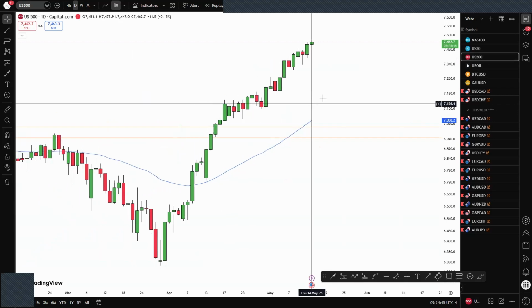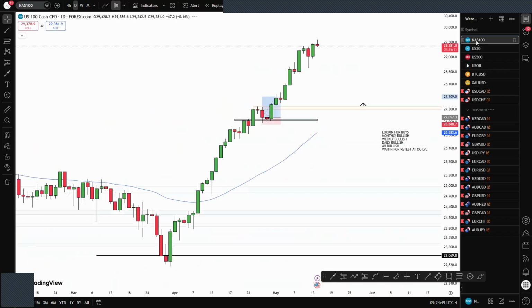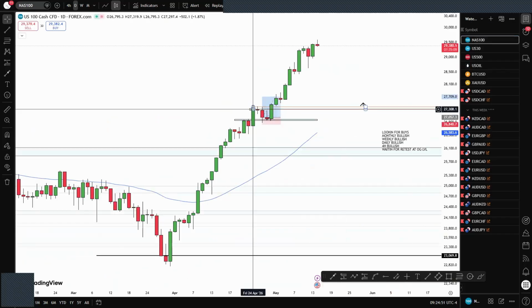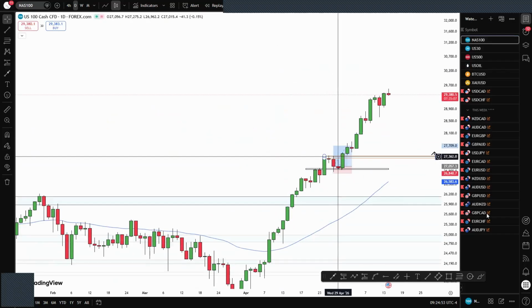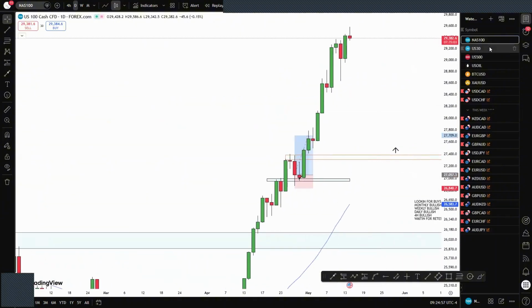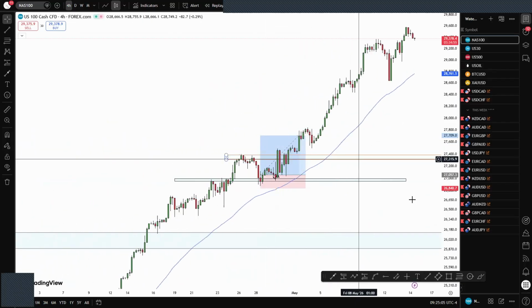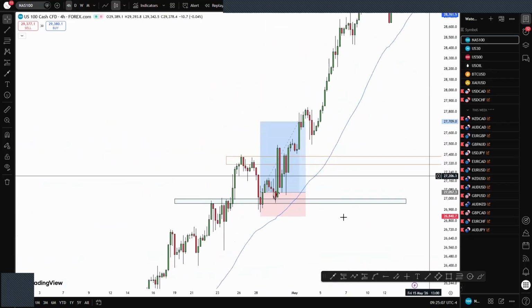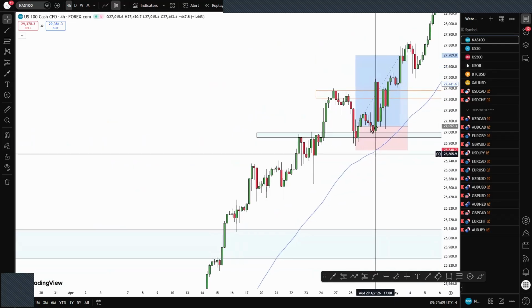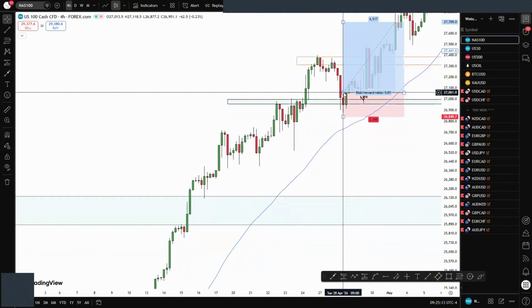One thing you might never even see me do is, you might see me spectate a trade in NAS 100, but you never see me take a trade in here. I'll just see it and use it to analyze where the market is positioned right now. And this is a very nice trade, by the way.